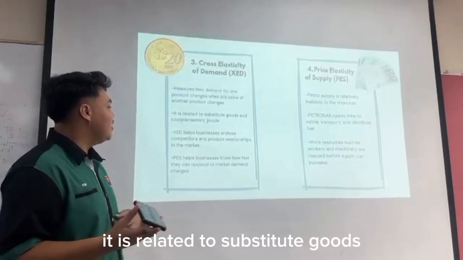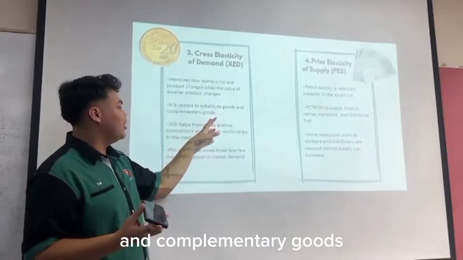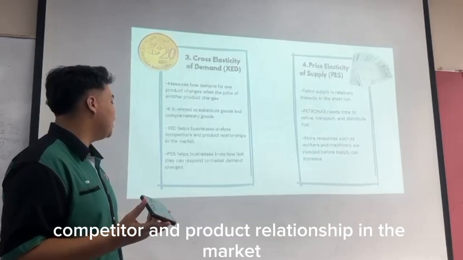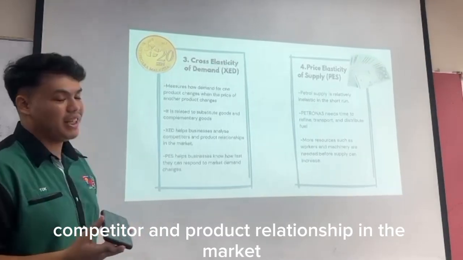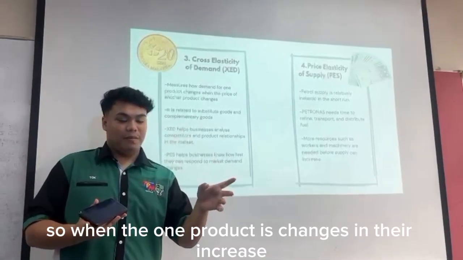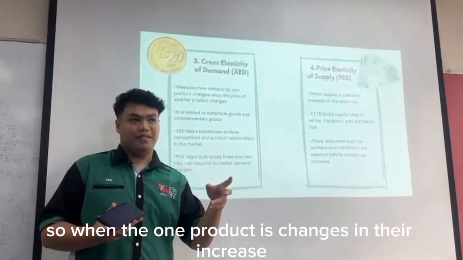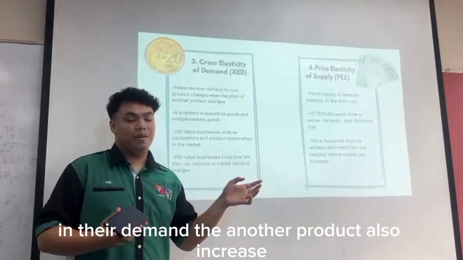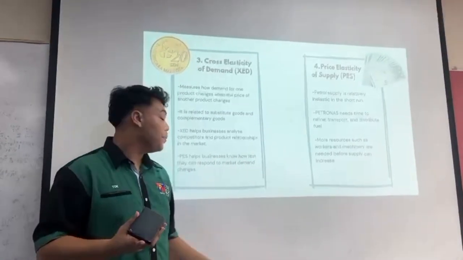It is related to substitute goods and complementary goods. So XED helps businesses analyze competitors and product relationships in the market. When demand for one product increases, the other product also increases.